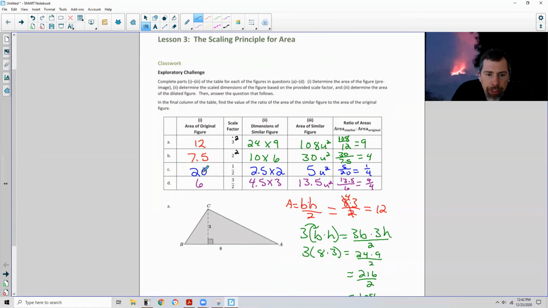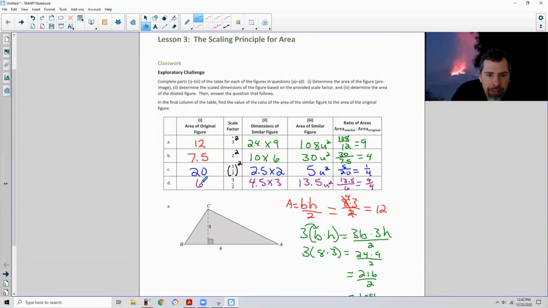If we take 20 and scale it down by a half, we end up with a ratio of 1:4. So that would be 1/2 squared. 1 squared over 2 squared is 1/4.